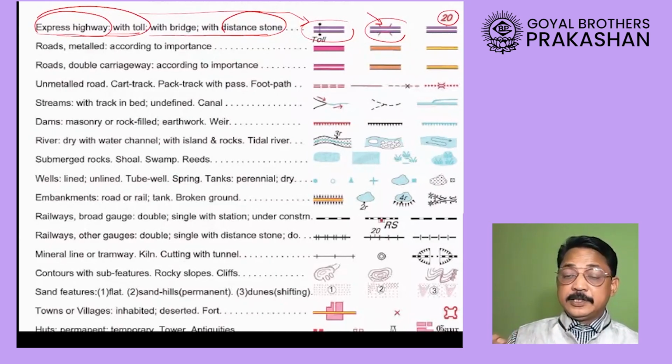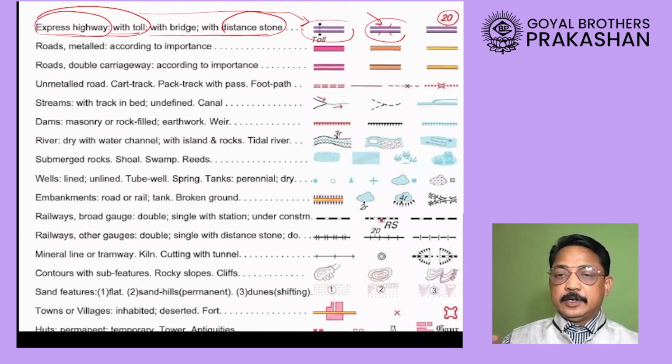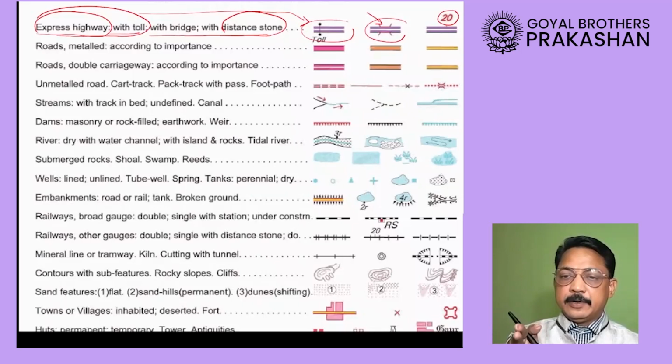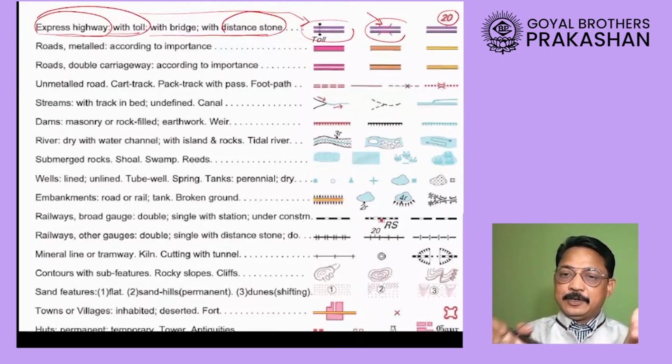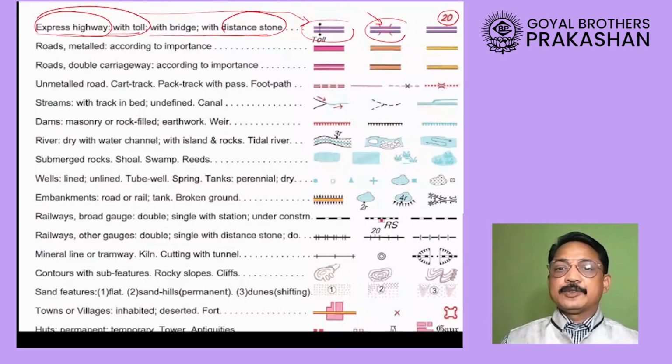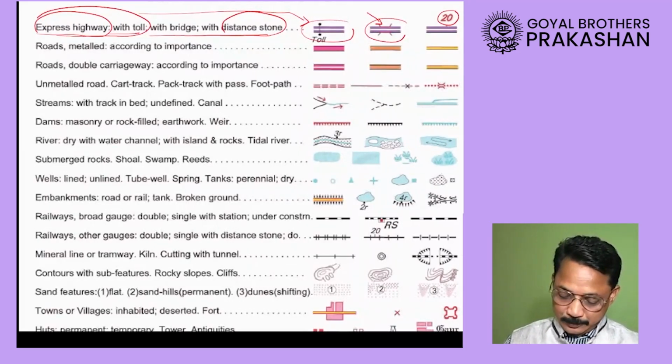That means when you are traveling from one place to another, you might see it written Mumbai 40 kilometer. After 1 kilometer, you find it written Mumbai 39 kilometer. And how do we know that? We know that by looking at the stones which are placed on the side of the road, dear student. These stones are called distance stones.